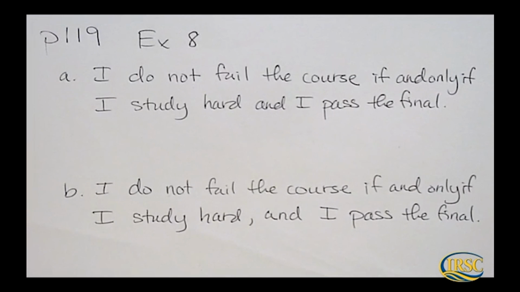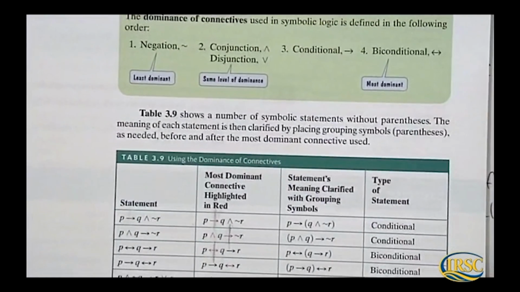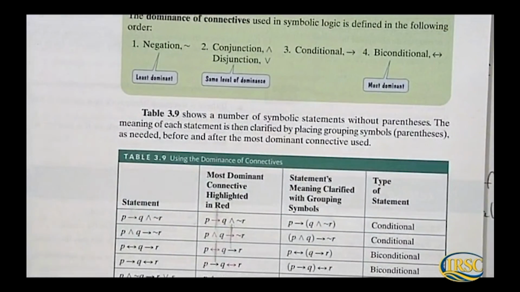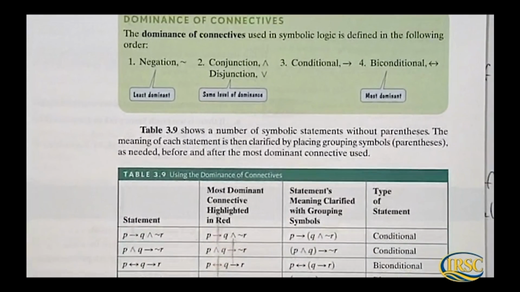When you have more than 1 connector, you're probably going to have to use parentheses somewhere. And there are a couple of charts, also on page 119, that tell you the dominance of the connectors.